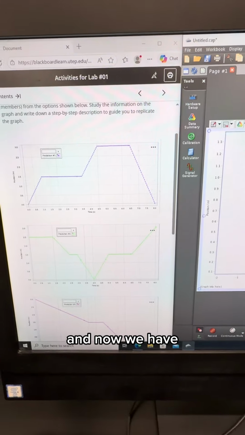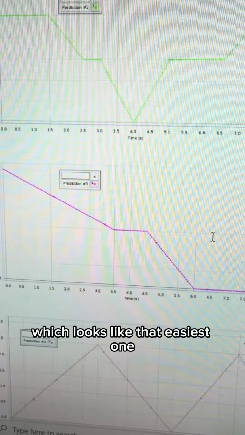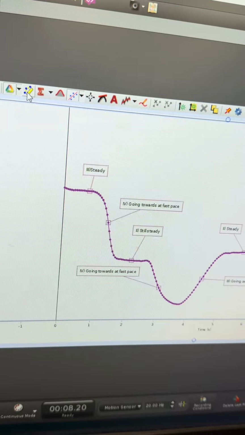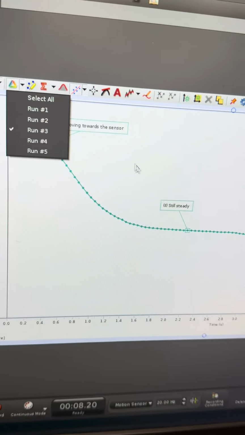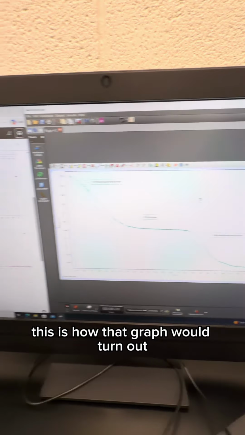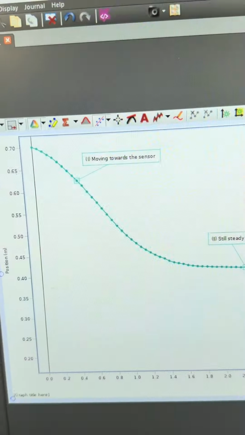And now we have graph 3, which looks like that. The easiest one. Pull that one up. This is how that graph would turn out, closest as we can get it.